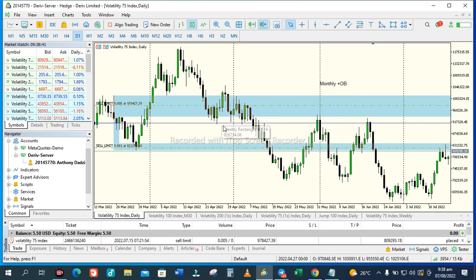So let me get something out of here for you. Another refined entry that I found here was this. Let me draw this, let me use this equidistance on the smaller time frame, the sellers.